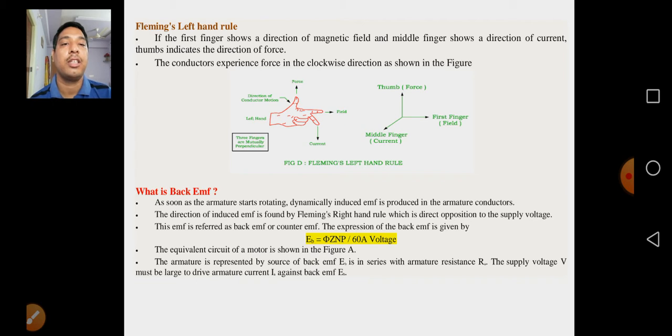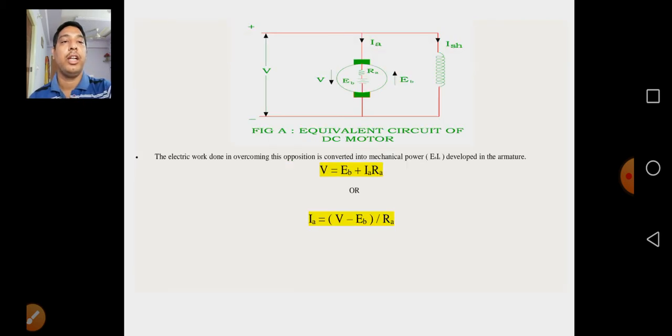The direction of the induced EMF is found by Fleming's left hand rule, which is in direct opposition to the supply voltage. Whatever the supply input voltage we have given to this machine, this is almost in opposition.